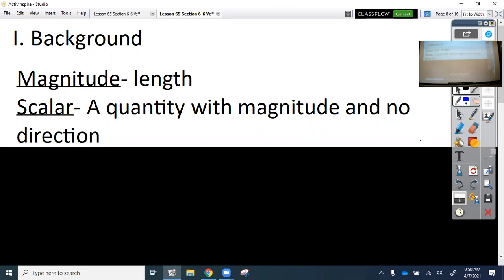The next word is scalar. Scalar is a quantity with magnitude and no direction.